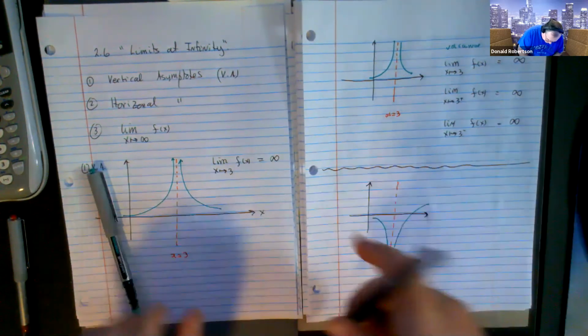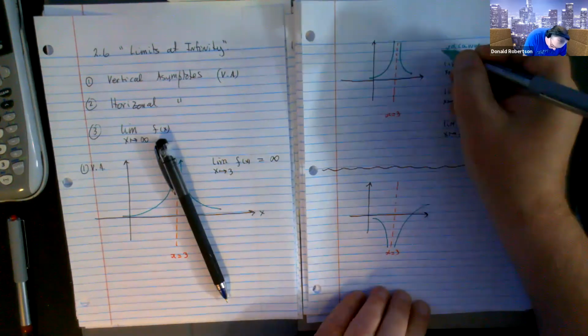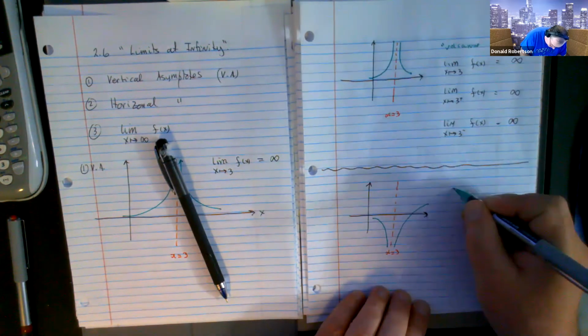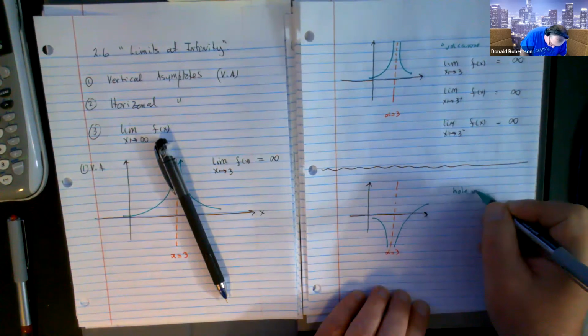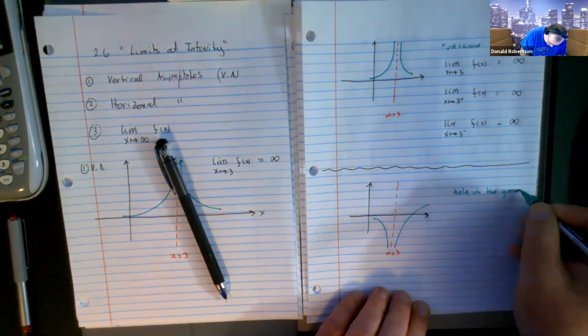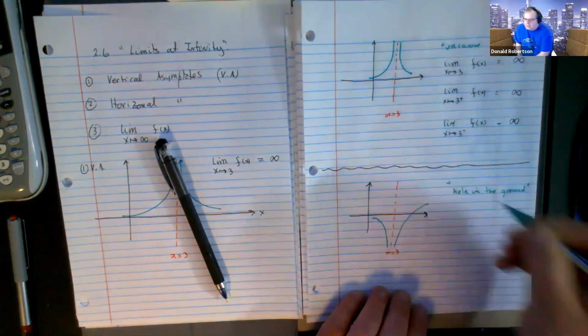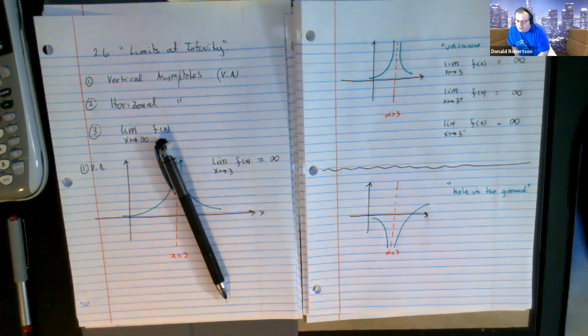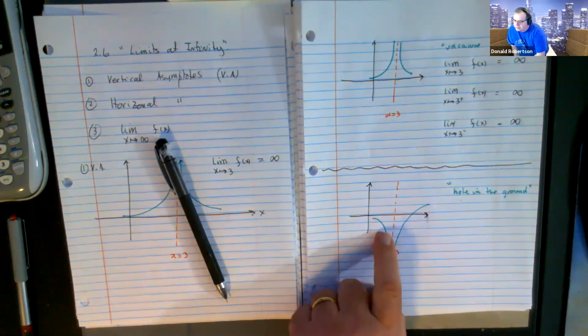This one I call a hole in the ground. Just my own made up name. But if you ever hear me saying this vertical asymptote is a hole in the ground, can you see that I'm talking about this kind of shape? That's just what it means.